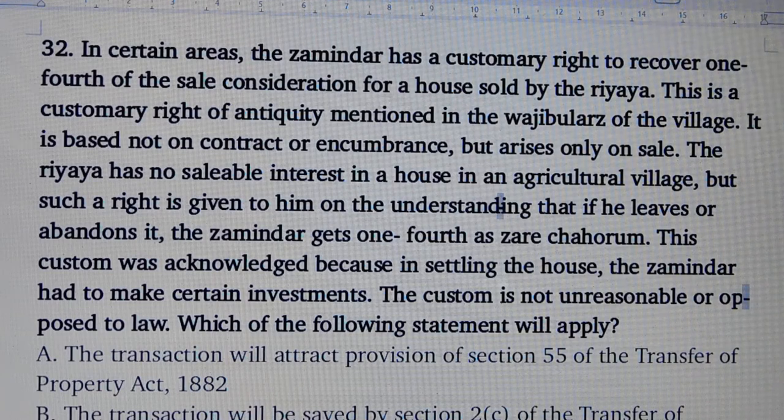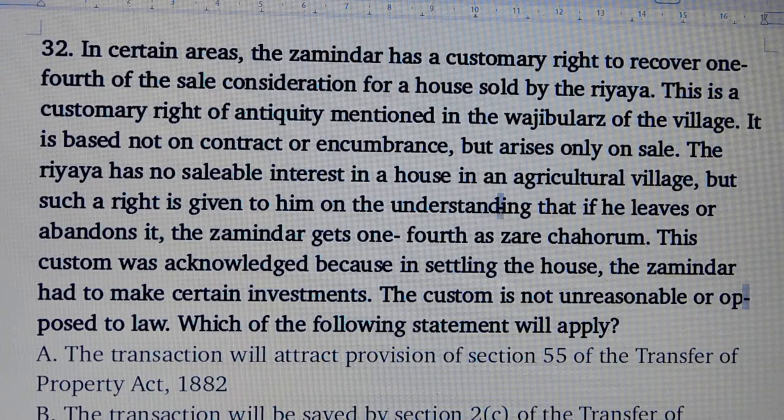The Riaya has no sellable interest in a house in an agricultural village, but such a right is given to him on the understanding that if he leaves or abandons it, the Zamindar gets 1/4 as Zare Chahram.